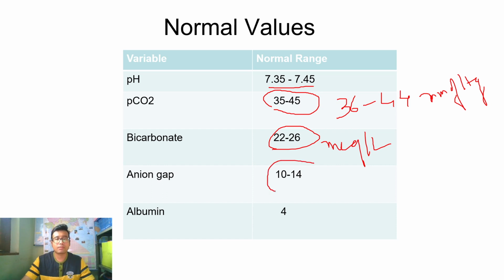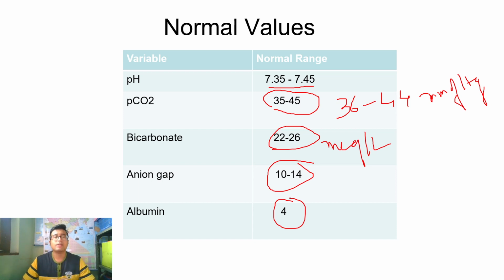Anion gap and albumin are a part of advanced acid base problems, which is not needed for undergraduate. However, if some of you are highly interested to know that, remember anion gap will come as a short note.